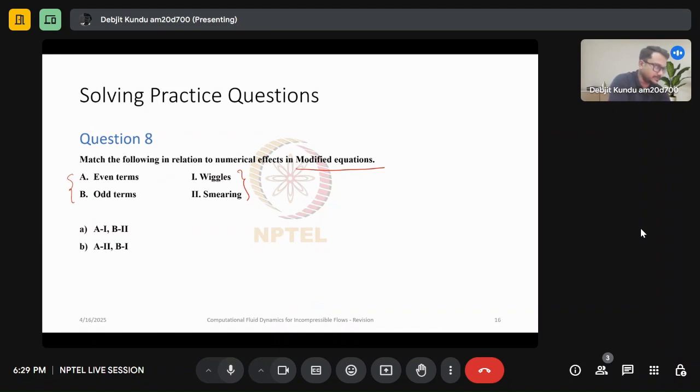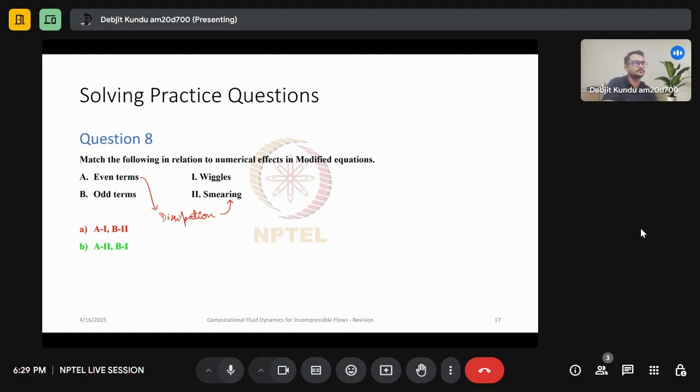So let's take a look at the answer. It's A2B1. So what happens is even terms lead to something called dissipation, leading to smearing.